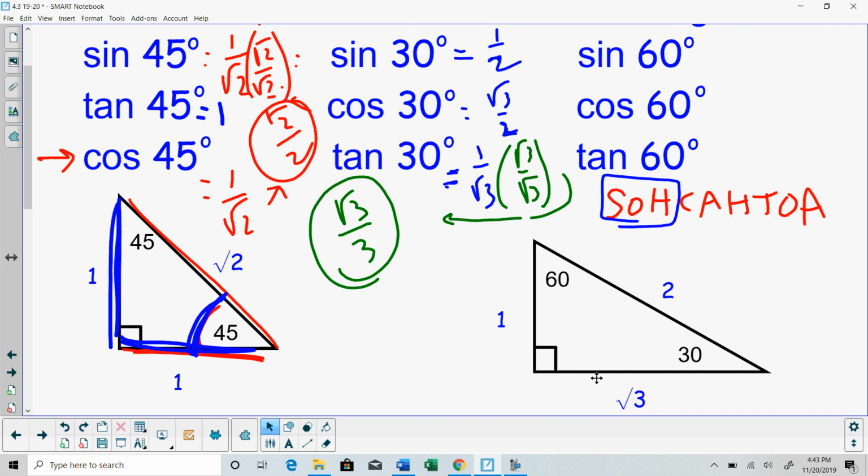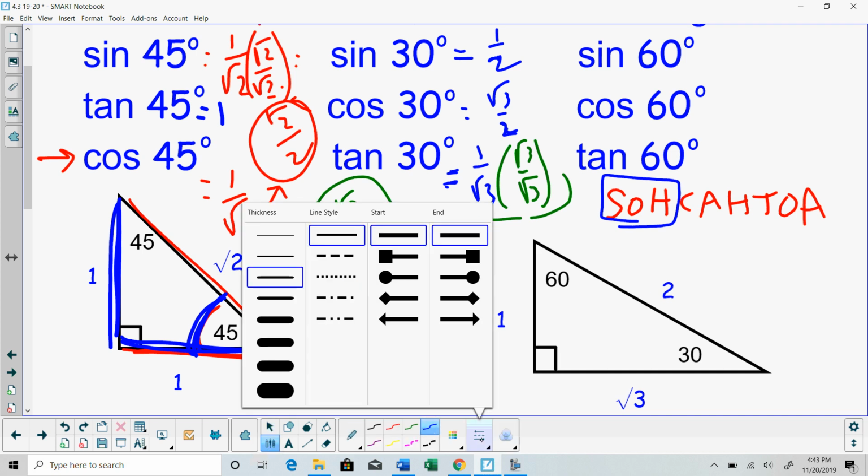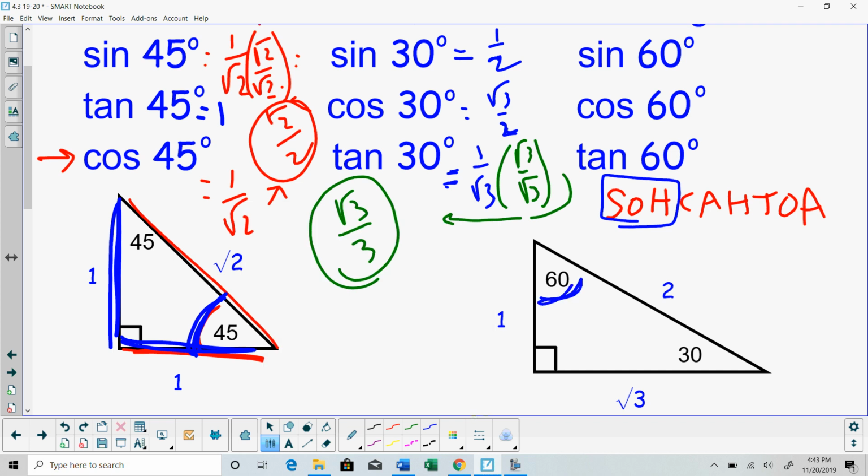All right, so in this case, we are focusing on the 60-degree angle. And if I want the sine, that means I want the opposite, which would be the square root of 3 over 2, over the hypotenuse. This is opposite, this is hypotenuse. And so I need the square root of 3 over 2.